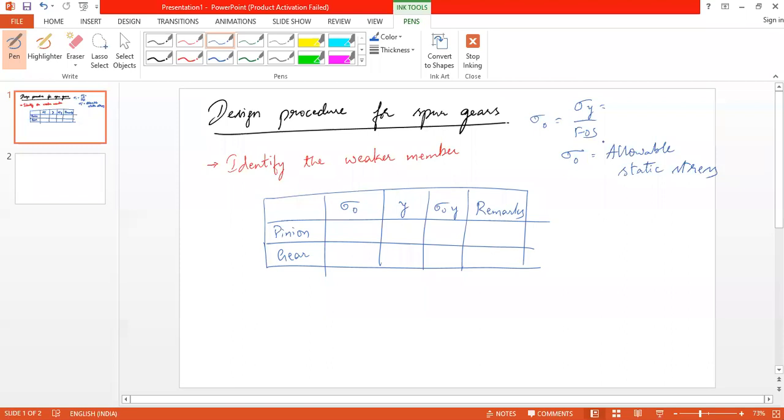The next one is y. Y is the Lewis form factor. What are the things you need for this? This is equal to 0.154 minus 0.912 by Z, where Z is the number of teeth.